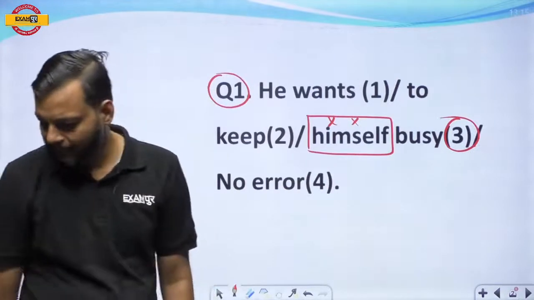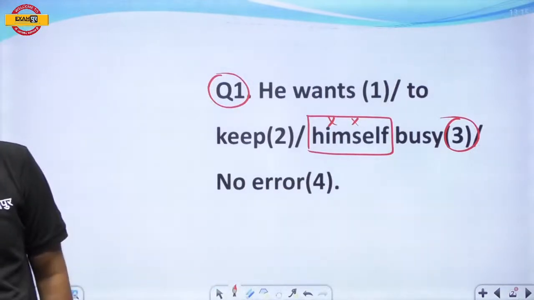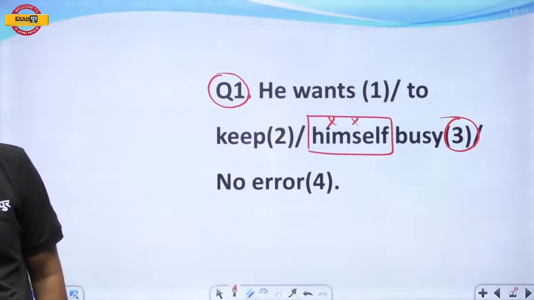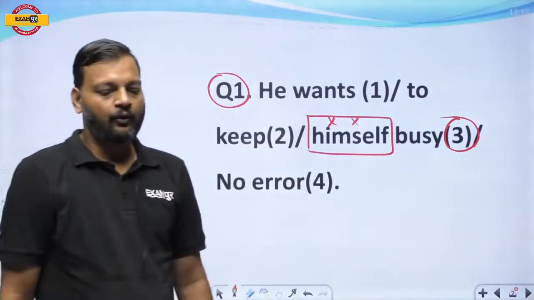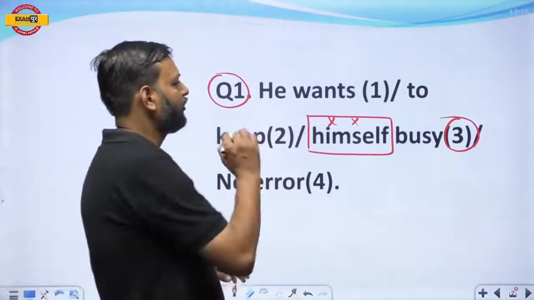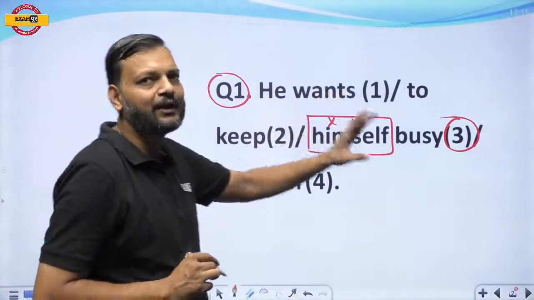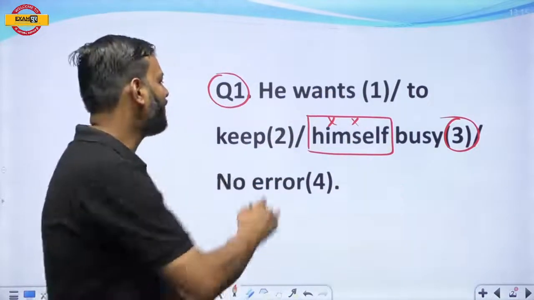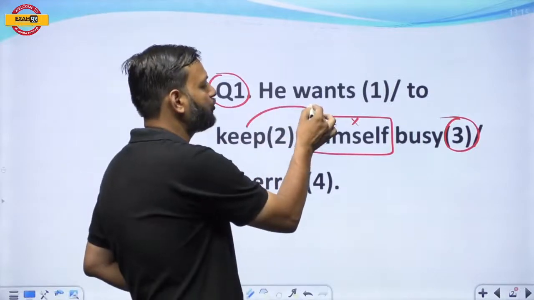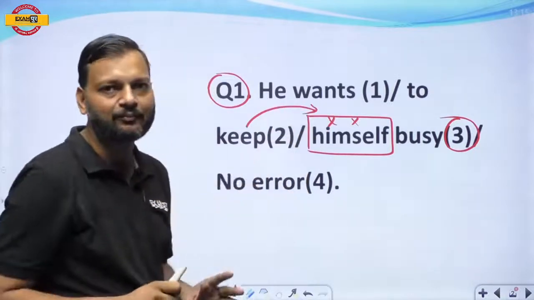Okay, why is himself wrong? Let me explain this question. As I said, the third part of this sentence has error, and after keep you cannot use himself because it is a reflexive pronoun.